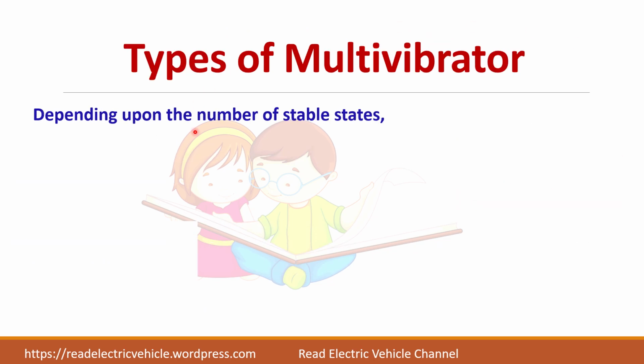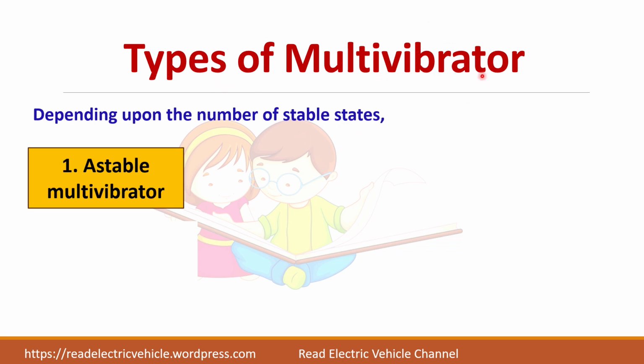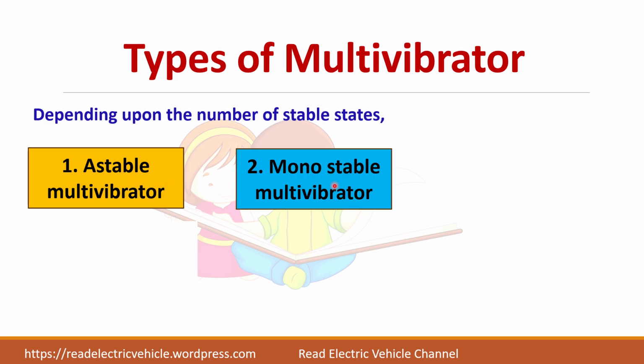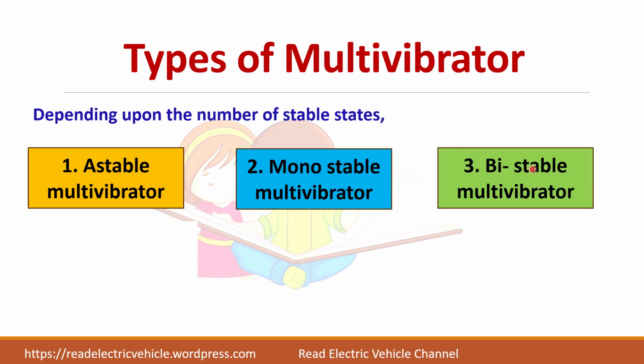Depending upon the number of stable states in the multivibrator, there are three different types of multivibrator. First one is the astable multivibrator, then monostable multivibrator and bistable multivibrator. As the name says, astable, there is no stable state here.